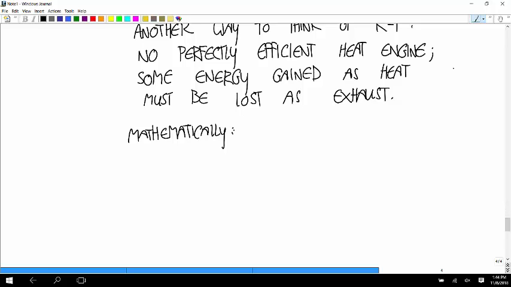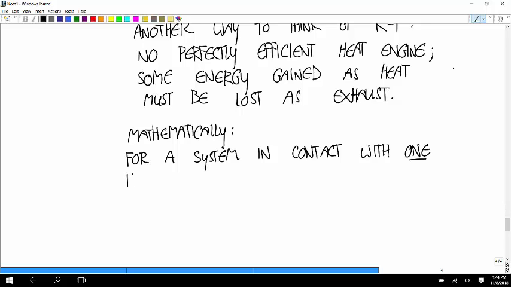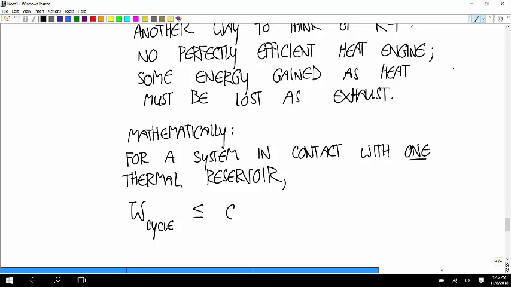Mathematically, you can think of this as, for a system that's in contact with one thermal reservoir, W for the cycle, for any cycle, has to be less than or equal to 0.